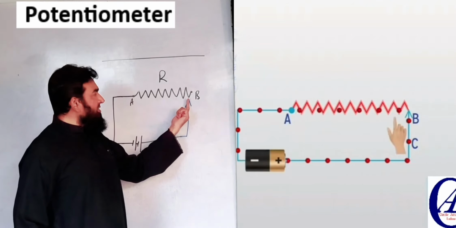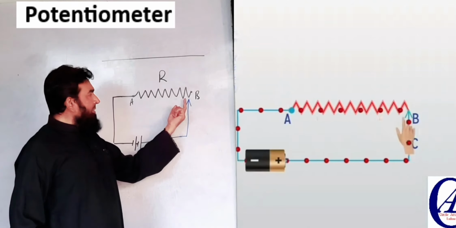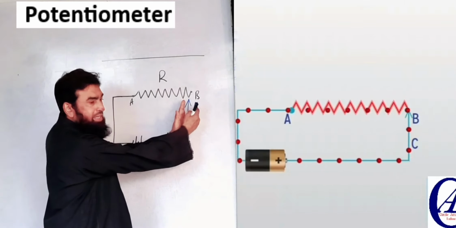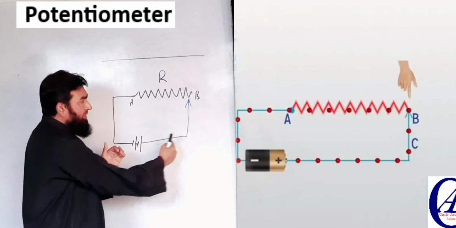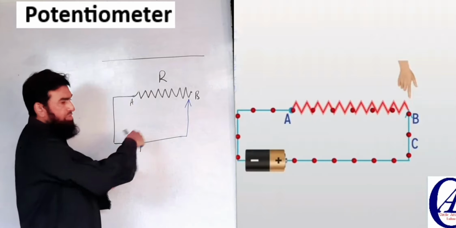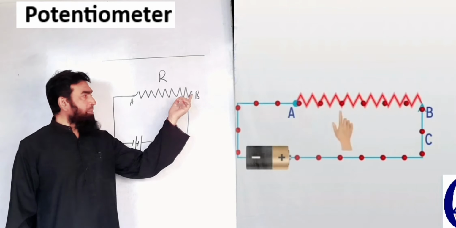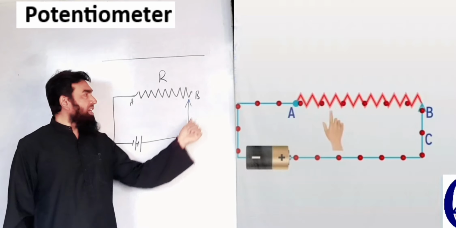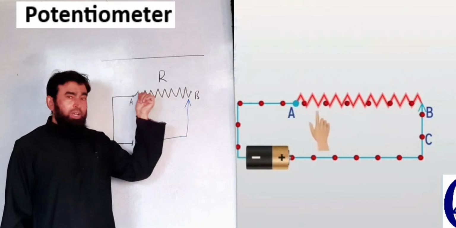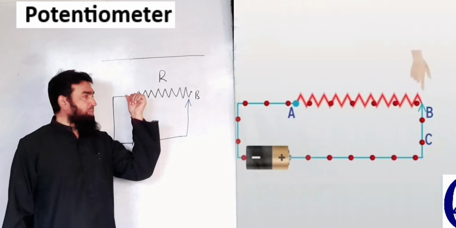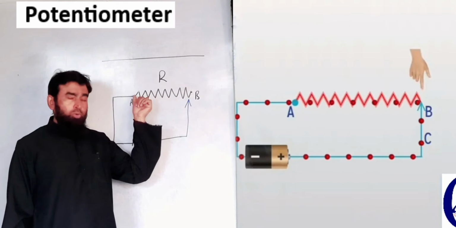This sliding terminal can be slid towards A also. When it is at B, this complete wire is offering resistance in the path of the current, because all the charges have to pass through this wire. It means it is offering maximum resistance.